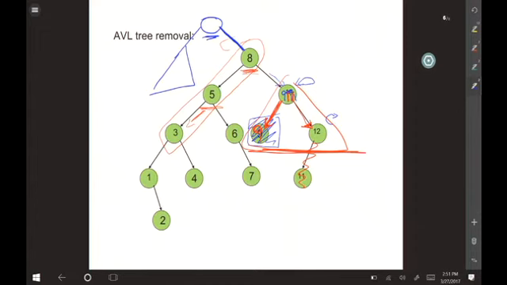So, for a removal, you may have to rotate at every level of the tree in the post-processing of your recursive call, okay? You will be writing recursive AVL tree remove in your lab.